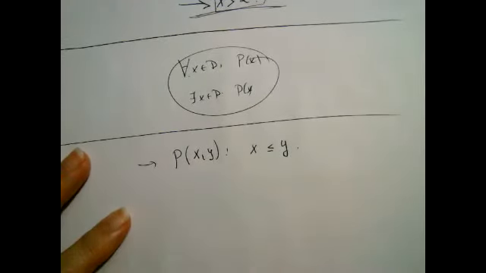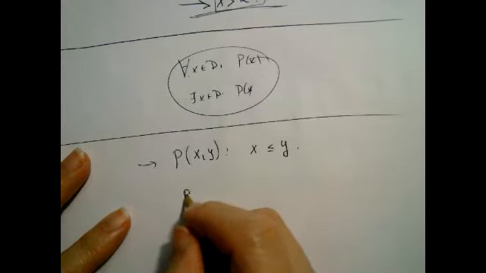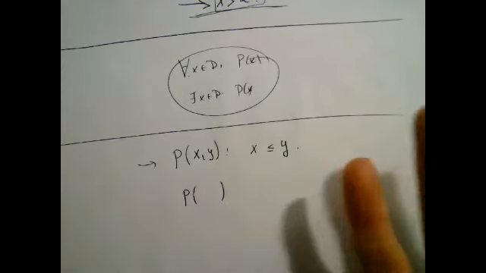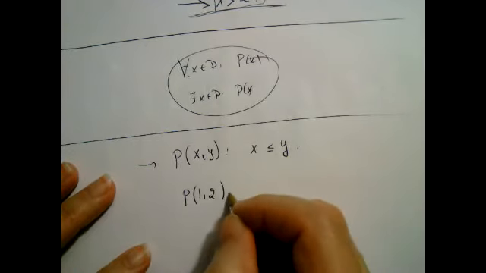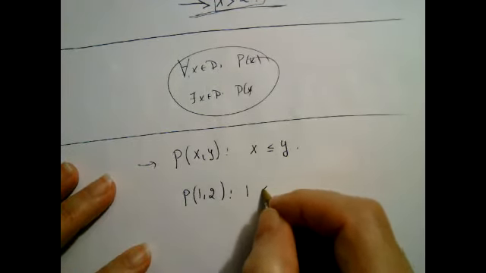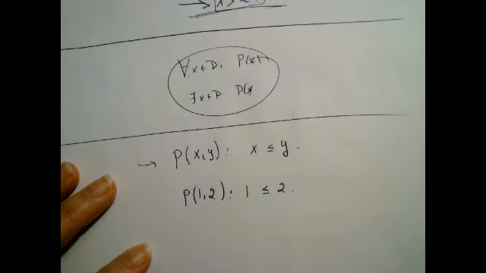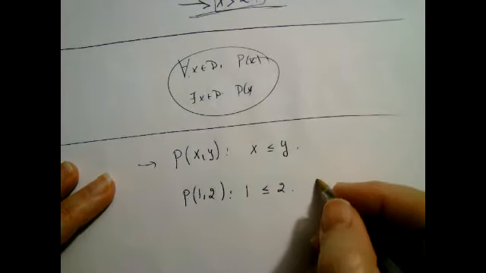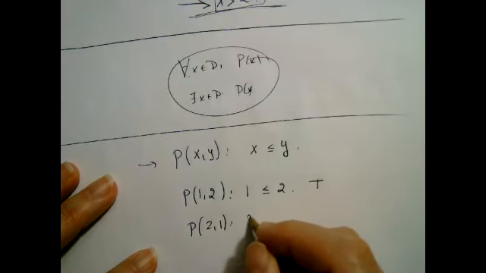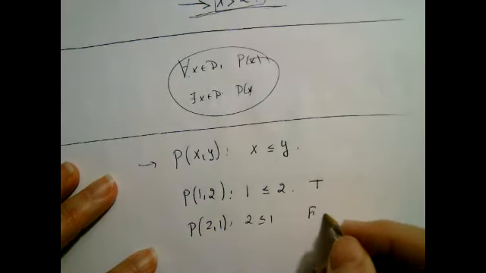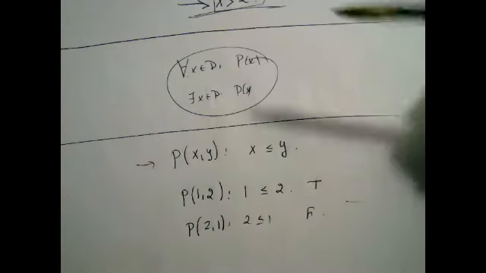That's a predicate with two variables. So what's p of 1, 2, for example? It's 1 less than or equal to 2, which is a true statement. P of 2, 1: 2 less than or equal to 1, which is a false statement, and so on and so forth.